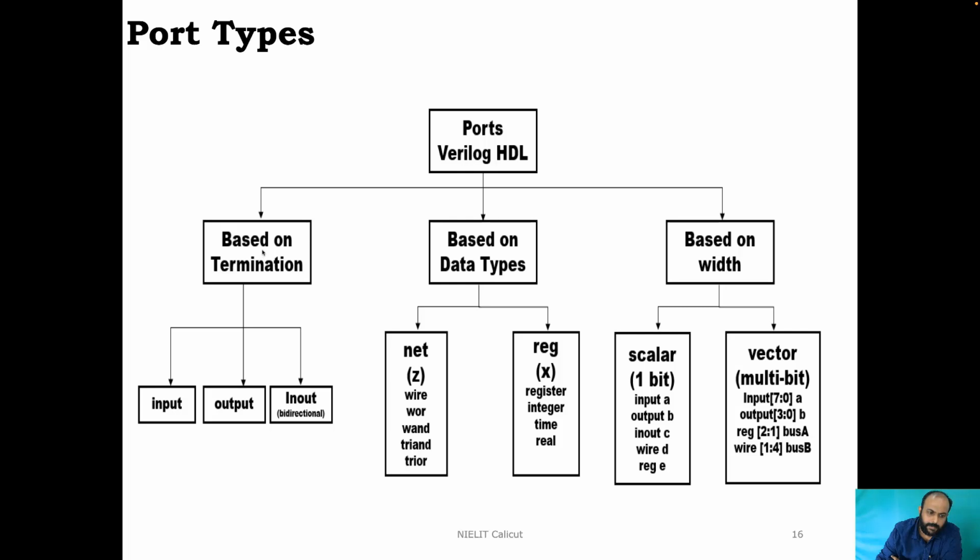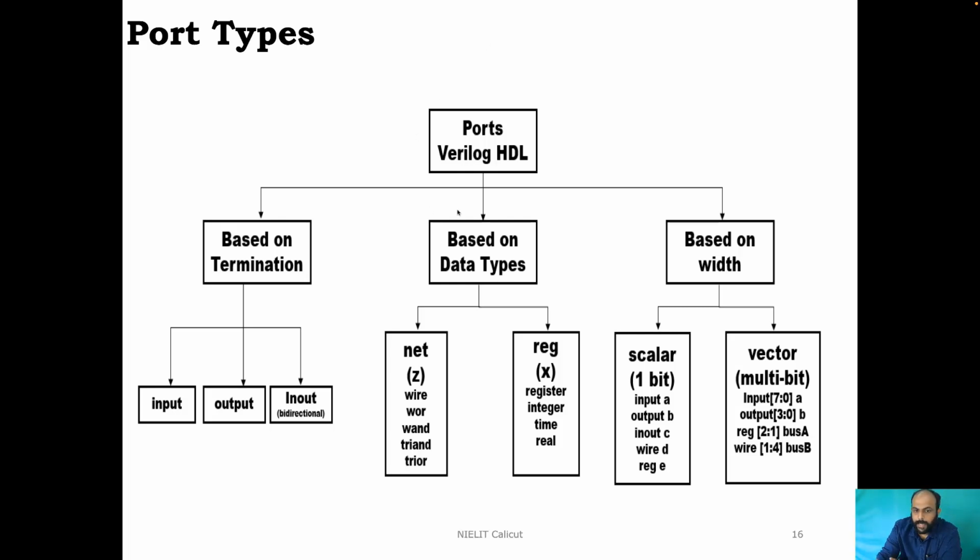Based on terminations, ports can be classified as input port, output port, as well as inout port. inout is a keyword, and the whole of inout should be written in small letters only. The keyword inout is used for those ports which are bidirectional in nature, that is, the port enters into a hardware as well as exits a hardware. Such ports are declared by the keyword inout.